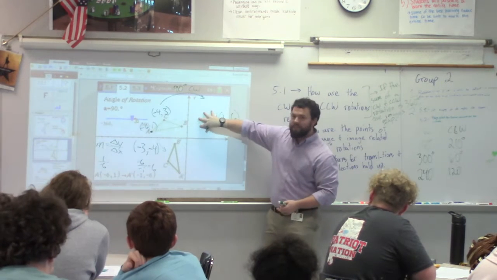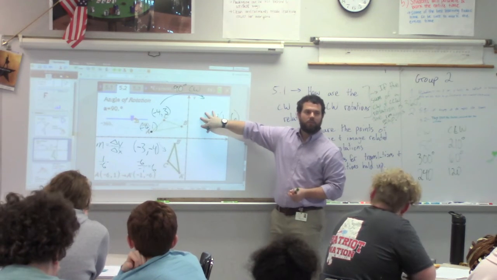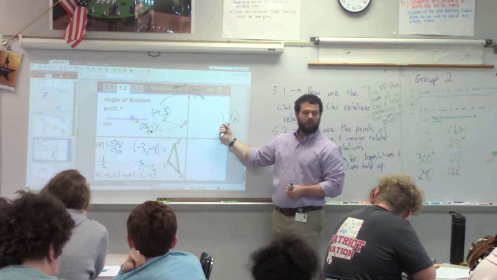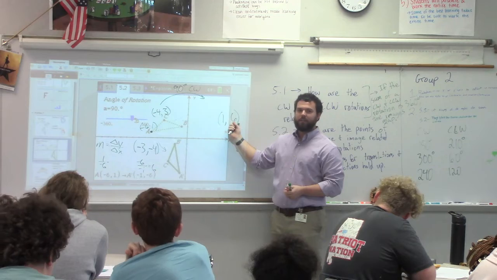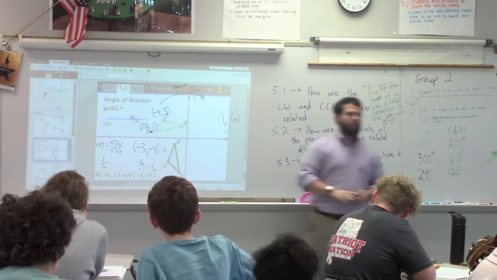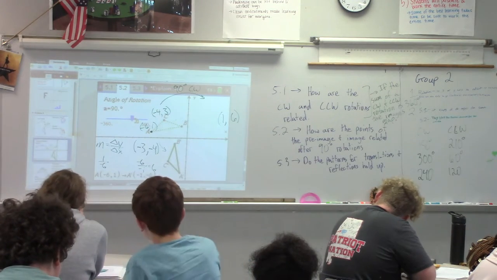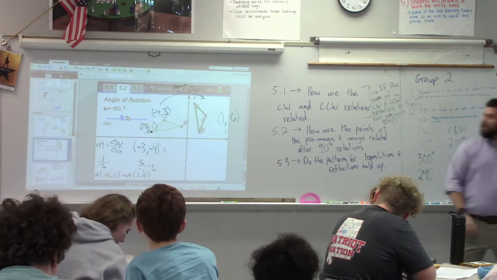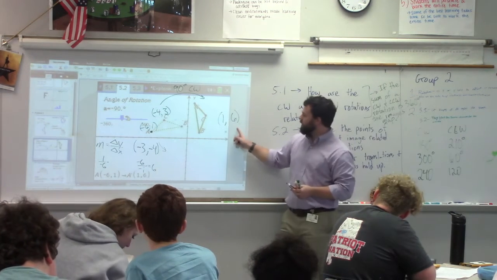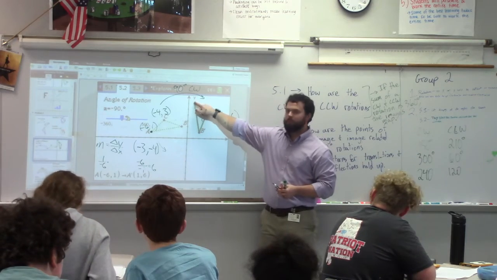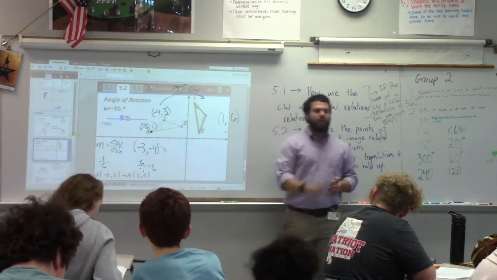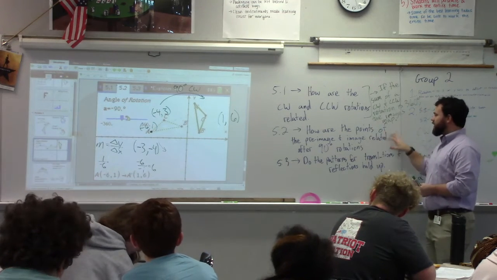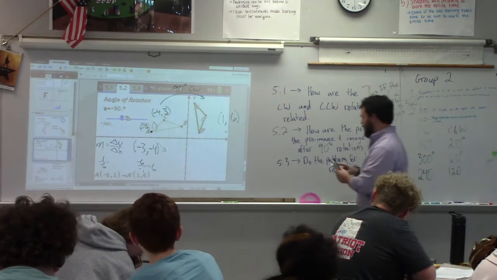But if it's going into this quadrant, the X, is it going to be positive or negative? Positive. Is Y going to be positive or negative? Positive. Let's check it. Is A prime the point 1, 6? 1 to the right, 6 up. Notice it's that simple. How are the points of the pre-image and image related after 90-degree rotations?